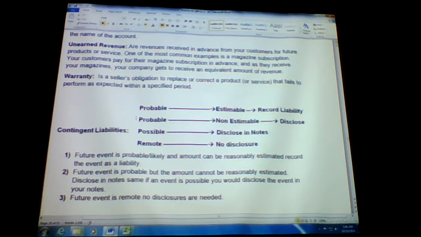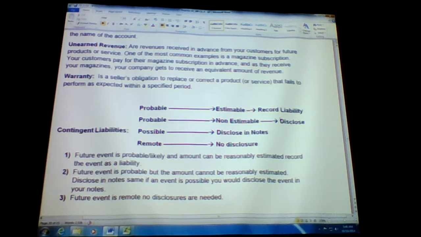Contingent liability, where the outcome is probable but non-estimable, you would disclose it in the notes of your financial statements. Management has to write in their financial statements to make notes about anything that they feel is important or relevant to a reliable user or a user who would make decisions based off of information available in the financial statements.